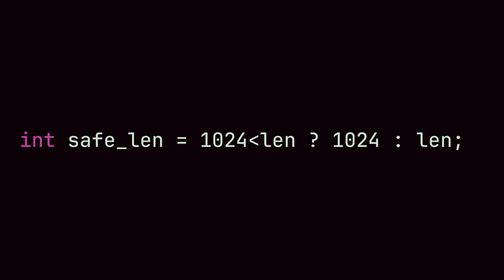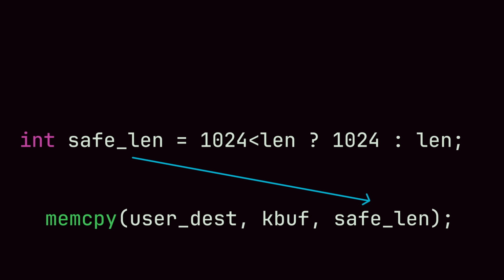If, on the other hand, the provided value is smaller than the size of kbuf, it stores the provided value in safe_len. And then safe_len is passed to the memcpy function. By this, it should be ensured that we never pass a size that is larger than 1 kilobyte. So we're safe, right? Well, no.